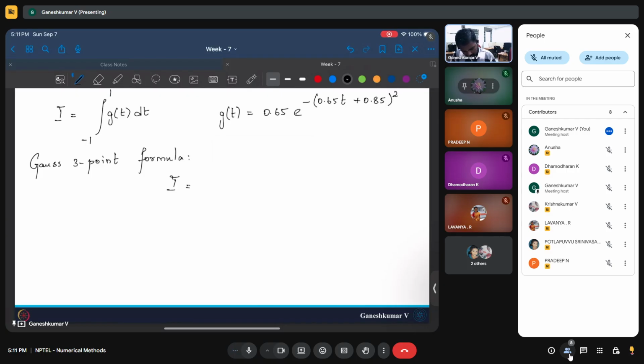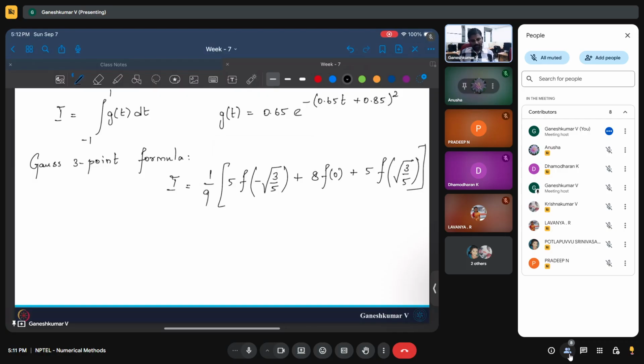I is equal to 1 divided by 9 times: 5 times f of minus square root of 3 by 5, plus 8 times f of 0, plus 5 times f of square root of 3 by 5. Since we transformed our function from f to g, we also need to write this integral in terms of g. Please don't get confused.